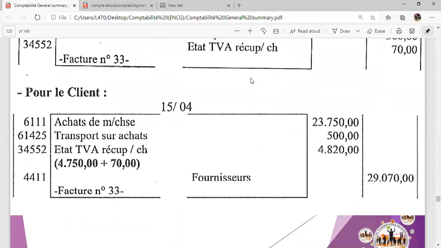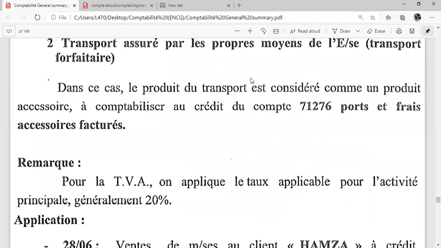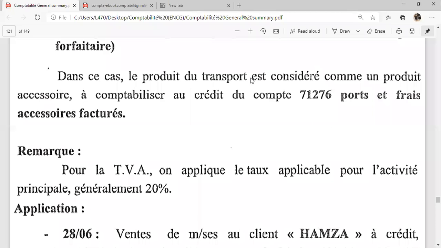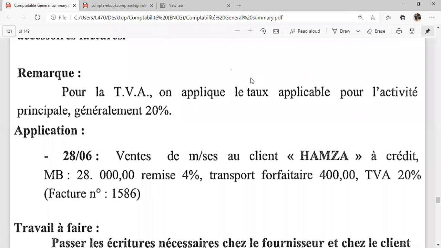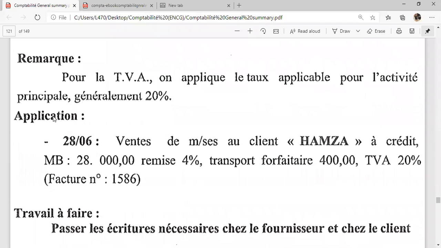Oui, c'est ça. So we have this one where transport is charged at a rate of 20%. So I think this one is going to help you see how the calculations differ. So this one, I think we have an exercise, and we have this one, application.